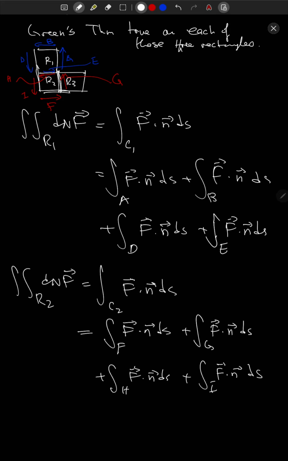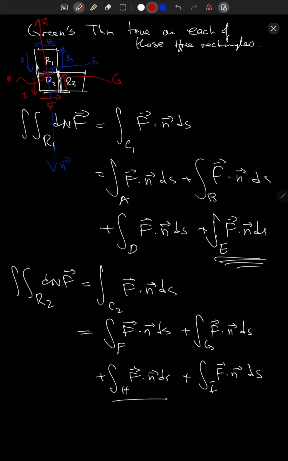But look at this. When we're integrating the E integral up here, we're integrating from left to right. When we're integrating the H integral, we're integrating right to left. Another way to think of this is F dot n for the E integral: n is pointing downwards, whereas for the H integral down here, because we're moving counterclockwise, n is pointing upwards.